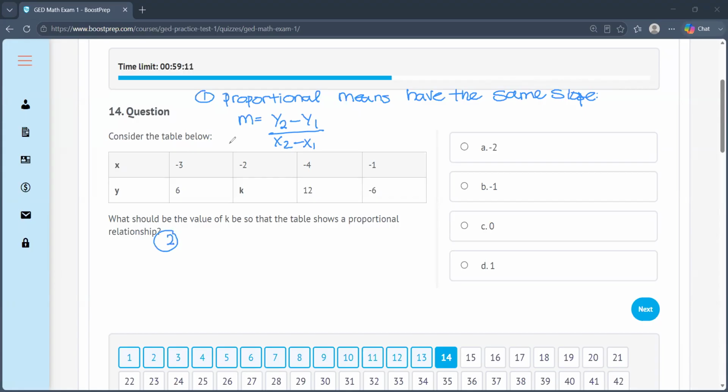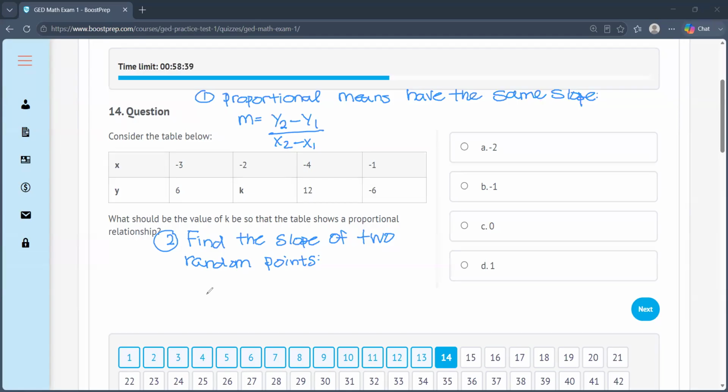And step two is we're going to find the slope of two random points. It could be any points as long as they're two exact points. Use any points you like.